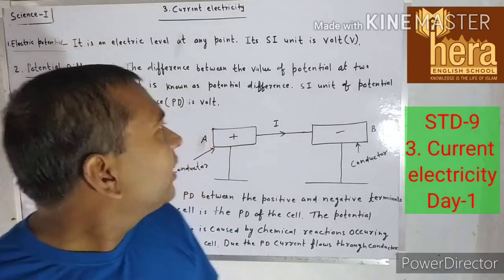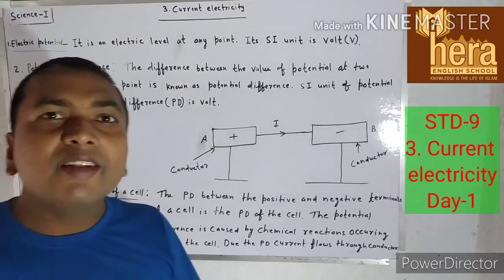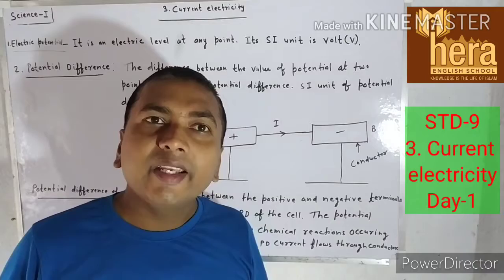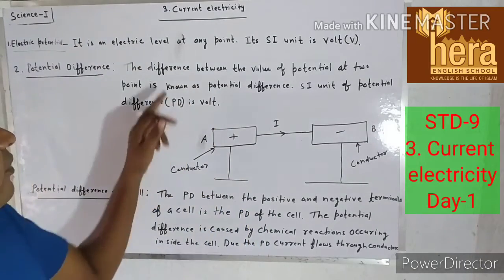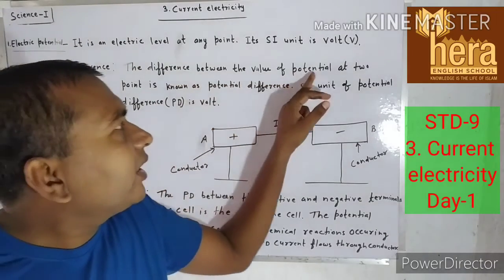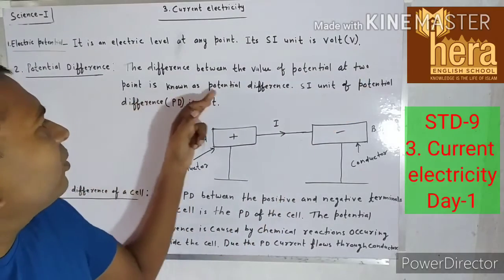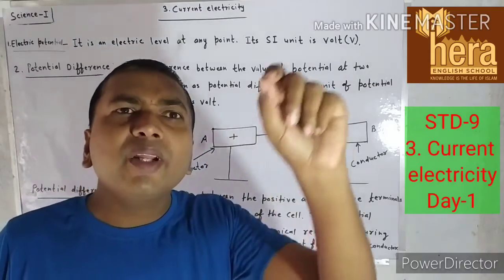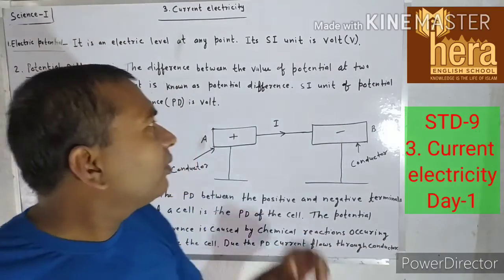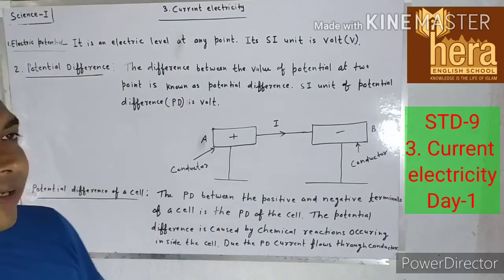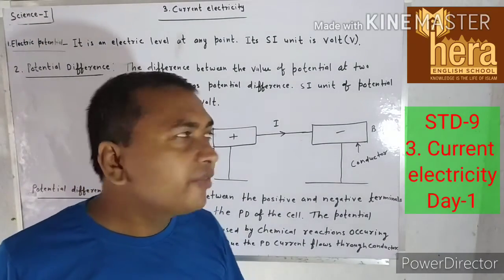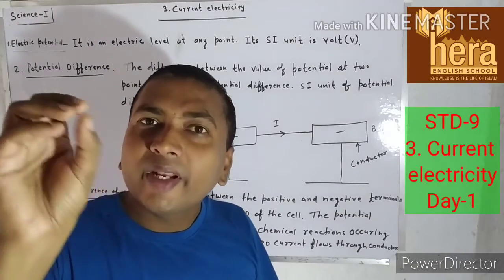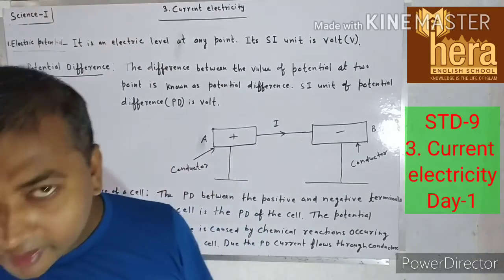If I say what is potential difference, then how will you define? The difference between the values of potential at two points is known as potential difference, and the SI unit of potential difference is again volt.